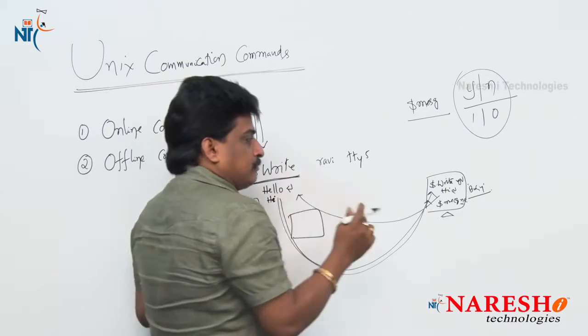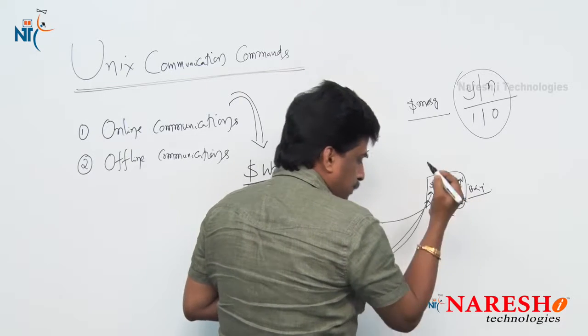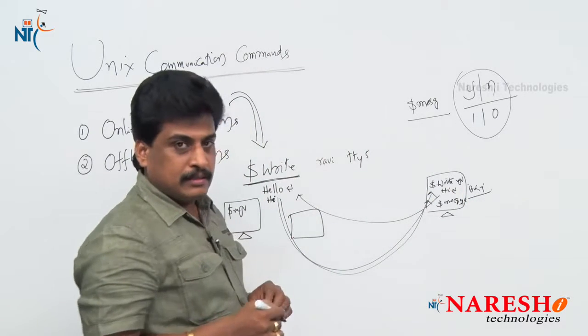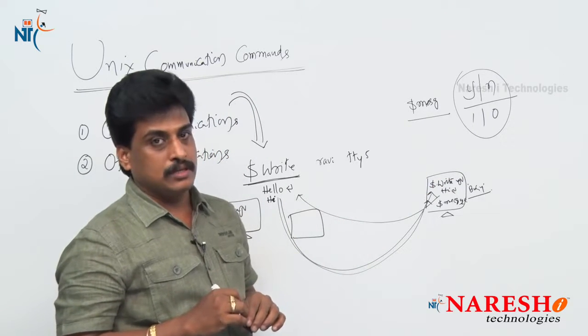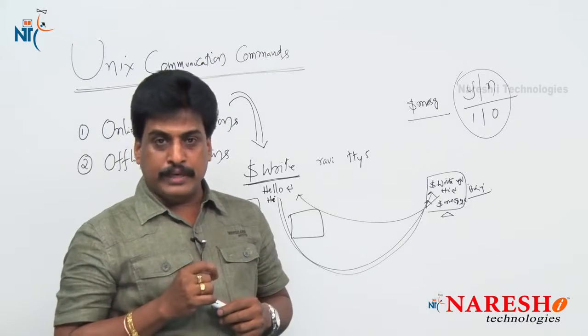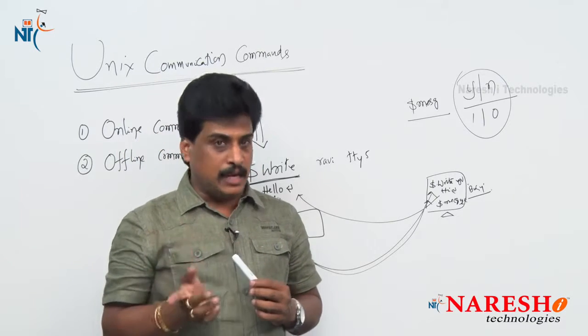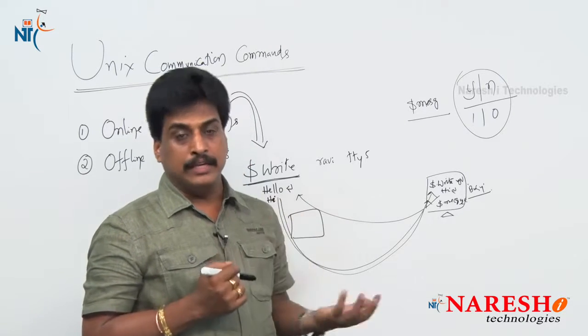Whenever Raju is free, he enters MESG Y and presses enter, then it allows messages from other users again. So by using the MESG command, we can allow or disallow messages between one or many users.